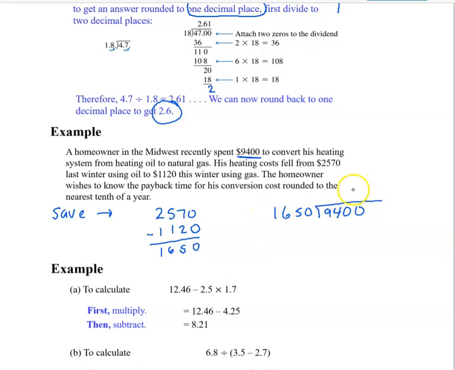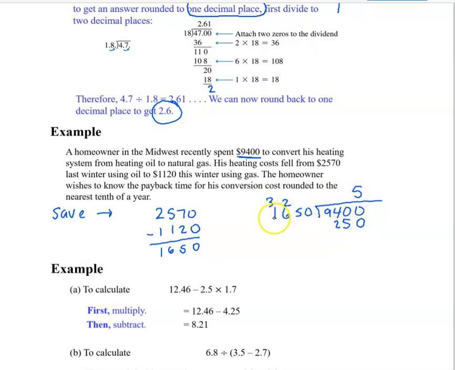You might have to guess and check a little bit on this, but I'm going to make an educated guess and say that 5 would be the first thing we would start with. 5 times 0 is 0. 5 times 5 is 25, carry your 2. 6 times 5 is 30, plus 2 is going to be 32.